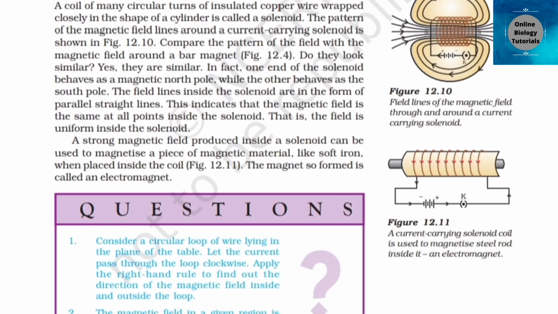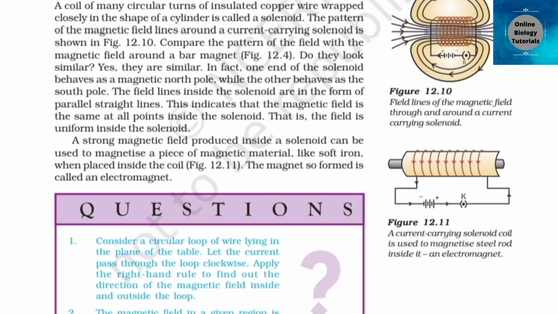Do they look similar? Yes, they are similar. In fact, one end of the solenoid behaves as a magnetic north pole, while the other behaves as the south pole. The field lines inside the solenoid are in the form of parallel straight lines. This indicates that the magnetic field is the same at all points inside the solenoid. That is, the field is uniform inside the solenoid.